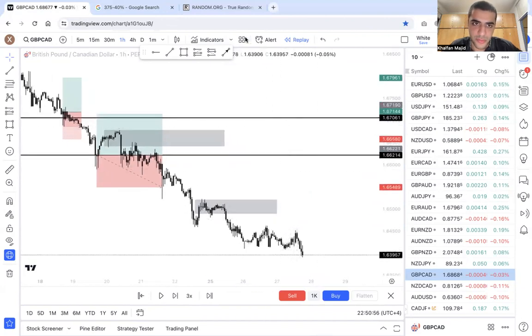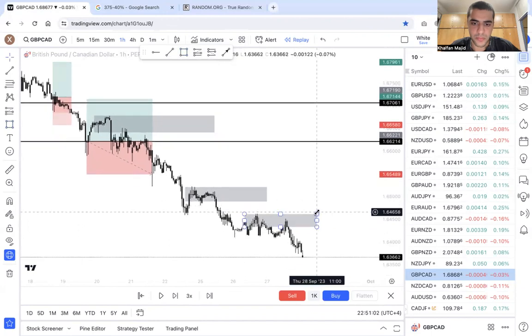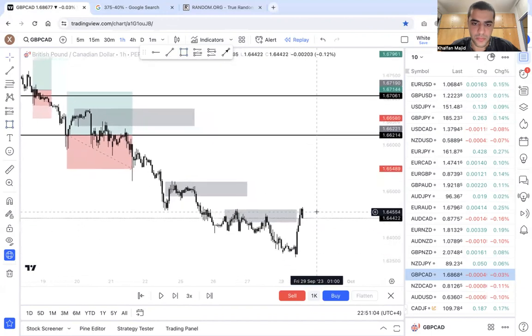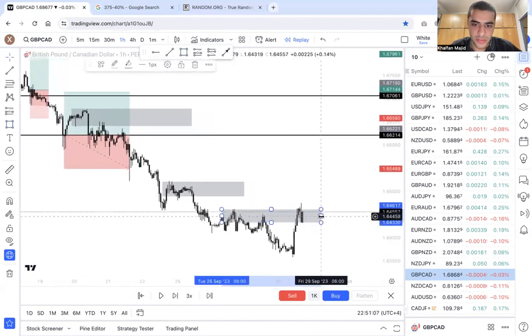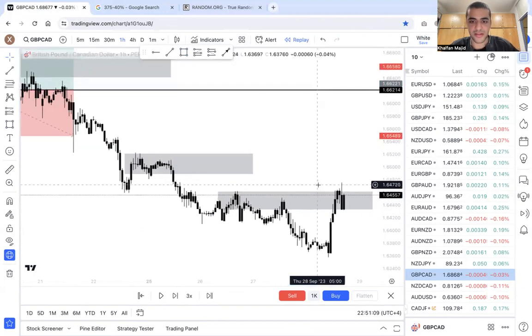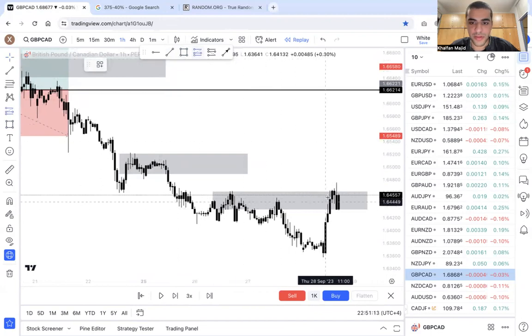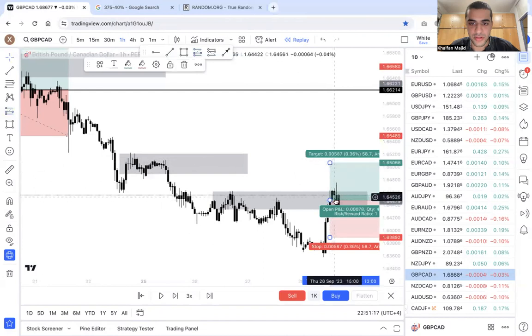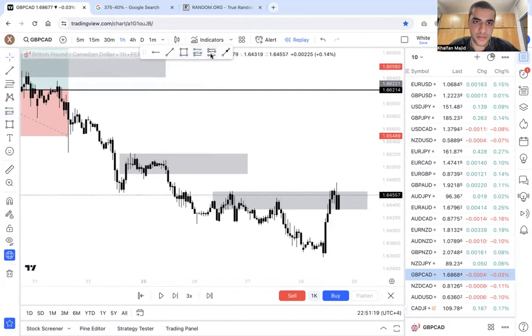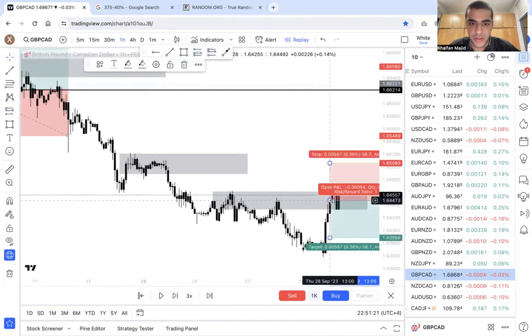Yeah, price just doesn't want to pull back, so we draw a new zone. Wait, wait. It was going down and it just, three candles away, but let's say we traded a sell over here and price still didn't close.